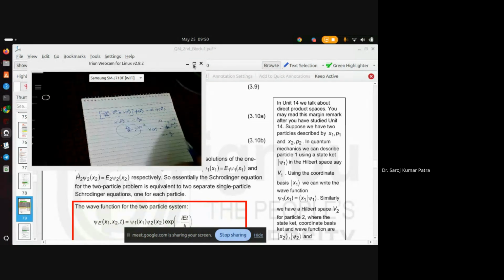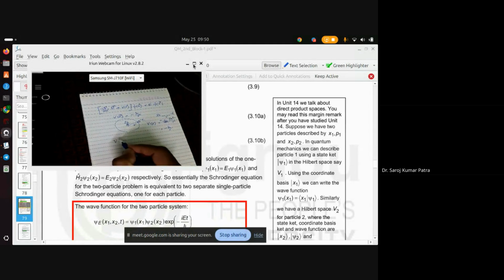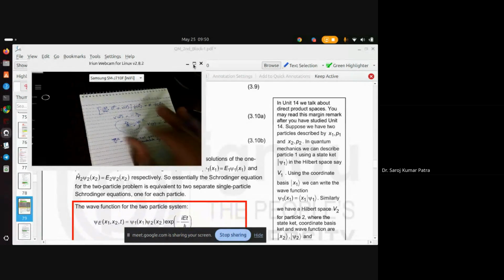And this del square, you can look into the mathematical physics book, how it looks in the spherical polar coordinate system. If we substitute that, we can solve it. That is what you will be solving in the hydrogen atom actually.